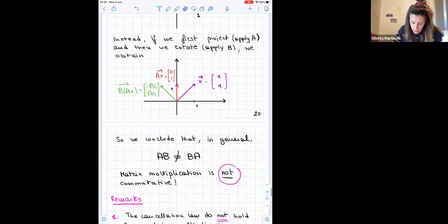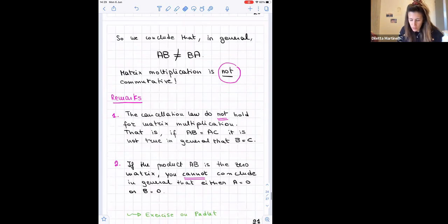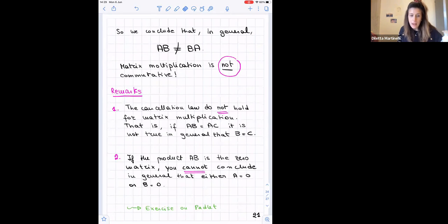Maybe some important remarks, also to conclude this series of properties: in general, I don't have the cancellation law either. So for matrices, even if we know that AB is equal to AC, this does not imply in general that B is equal to C. I invite you to come up with some examples, for instance.